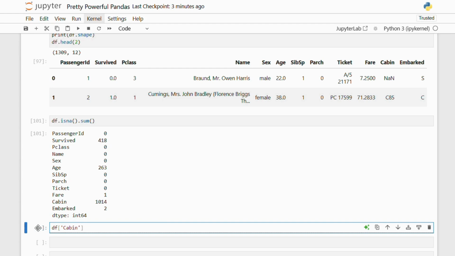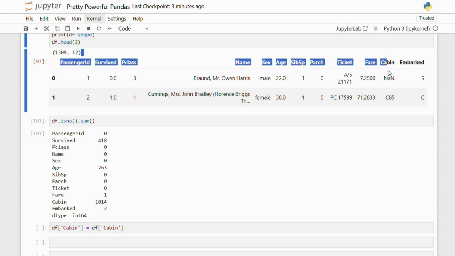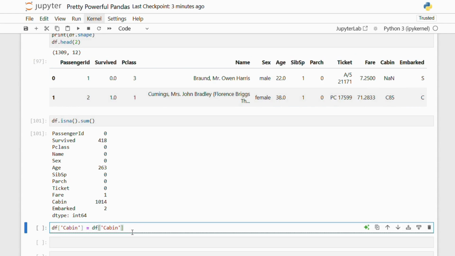So what we're going to do is take our cabin, a slice of our data frame, the column cabin, and I'm going to reassign it. So I'm going to take my old data frame cabin, which is this column here, and I'm going to use dot fillna, and that's literally how we're going to do it.